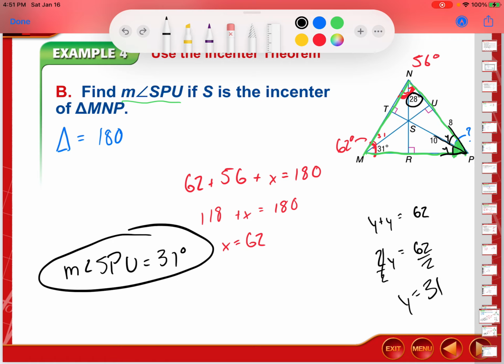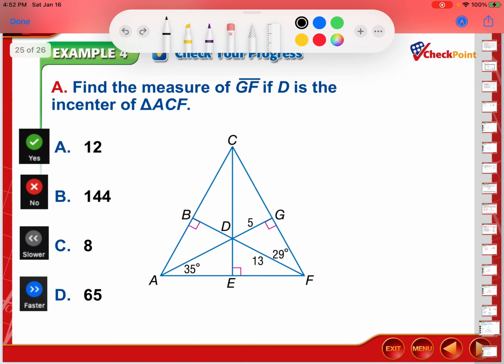So those are all bisectors. I don't know why that didn't work, but it's going to bother me. I'm going to have to explore that more.